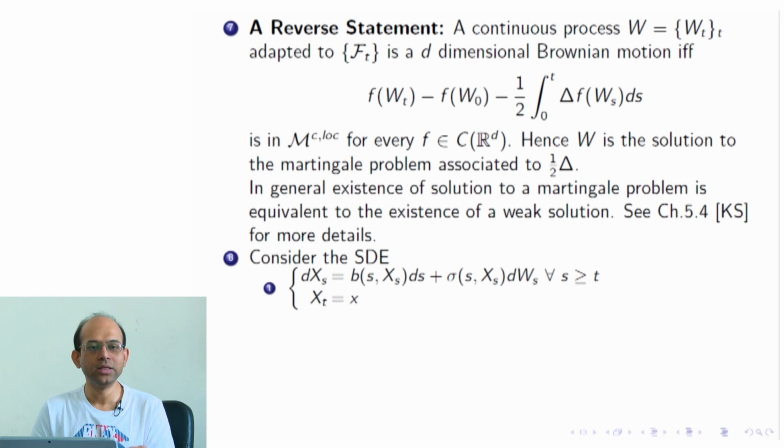Here we are writing s is greater or equal to t, so that means t is a particular positive time and x a particular member in the space, and at that time, at that position x, we now start looking at the evolution of the SDE.